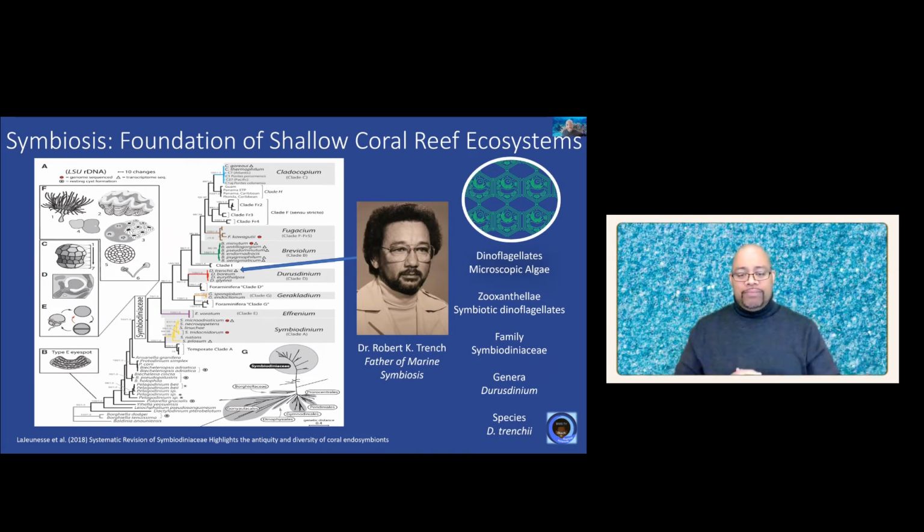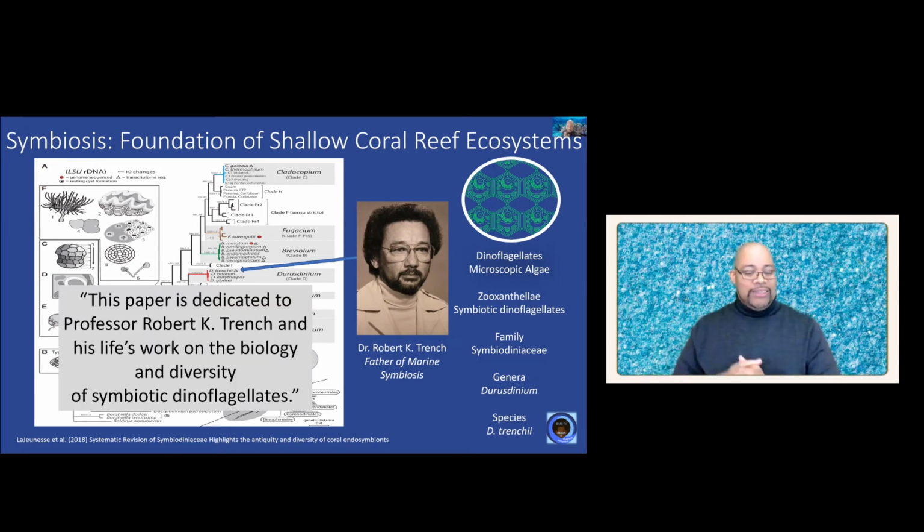A little interesting fact, the lead author of this pivotal paper, Dr. Todd LaJeunesse, was once a graduate student of Dr. Trench's. And they dedicated this profound paper to his legacy, stating, "This paper is dedicated to Professor Robert K. Trench and his last work on the biology and diversity of symbiotic dinoflagellates."